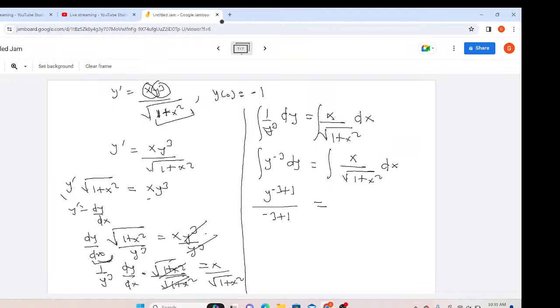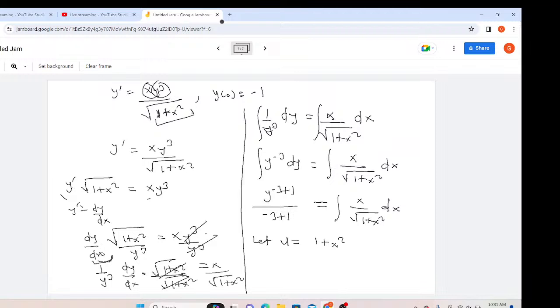And then when we want to integrate this part, it isn't as simple, right? So we're going to integrate this part using the substitution method. We've done calculus 1. So let u be equal to 1 plus x squared.